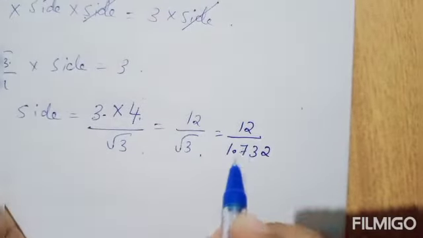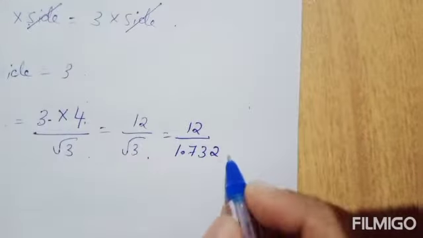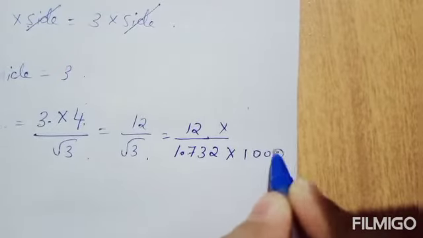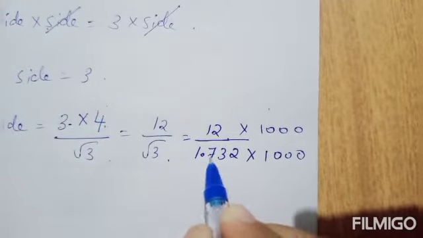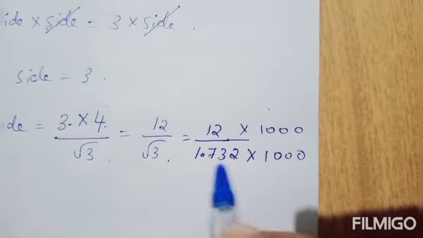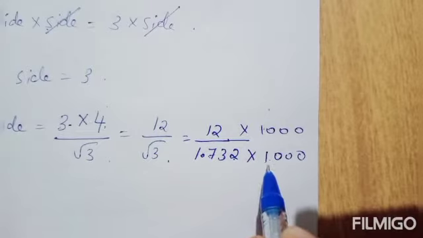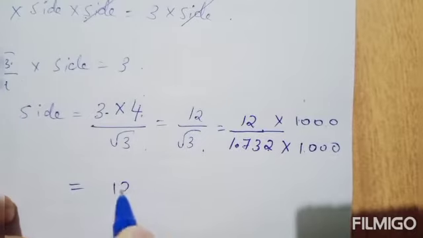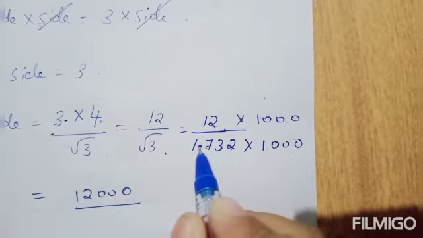Now we have to do the division. 12 you can divide by 1.732. So multiply both numerator and denominator by 1000. Here in the denominator a decimal point is coming, after the decimal point 3 digits. So you have to remove this decimal point by multiplying both numerator and denominator by 1000. So what you will get, 12 into 1000 is 12,000 by 1.732 into 1000.